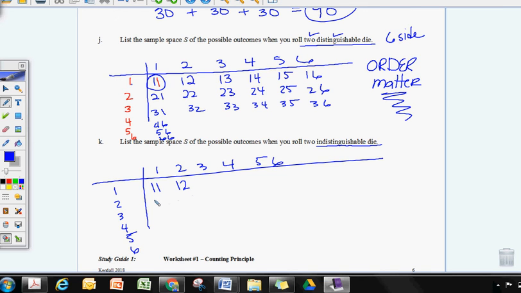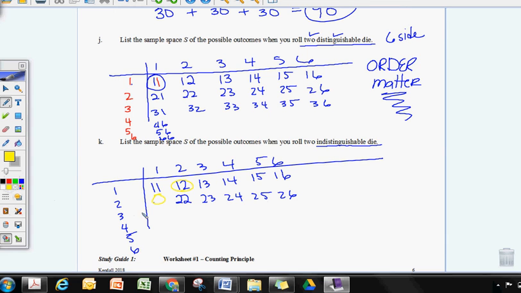Okay, we got it. Second one, I have a 1 teamed with a 2. And that's going to be the same as 2 teamed with 1 because I can't tell which number is which. So 1 with 3, 1 with 4, 1 with 5, 1 with 6. This spot right here is the same as this spot here. So I'm going to skip that and start this column with 2 with 2, 2 with 3, 2 with 4, 2 with 5, 2 with 6.